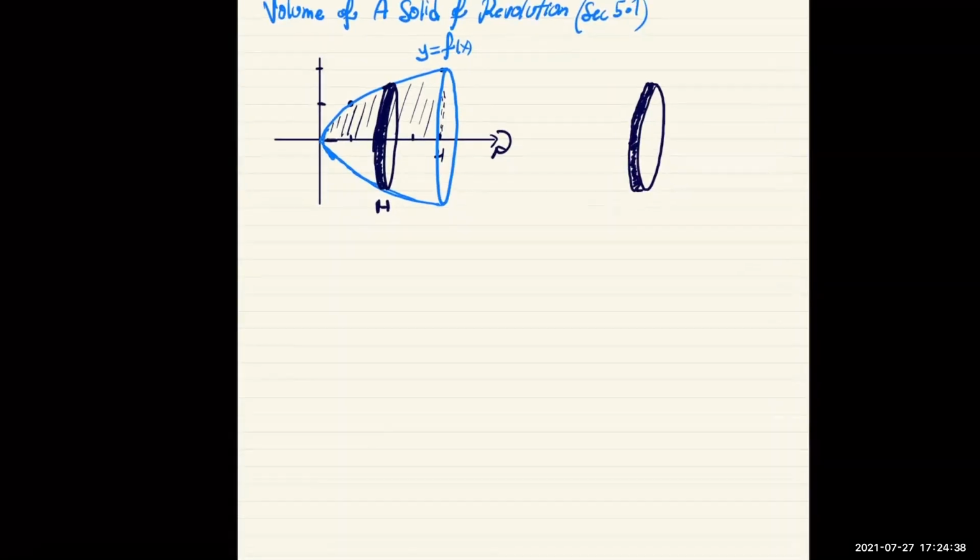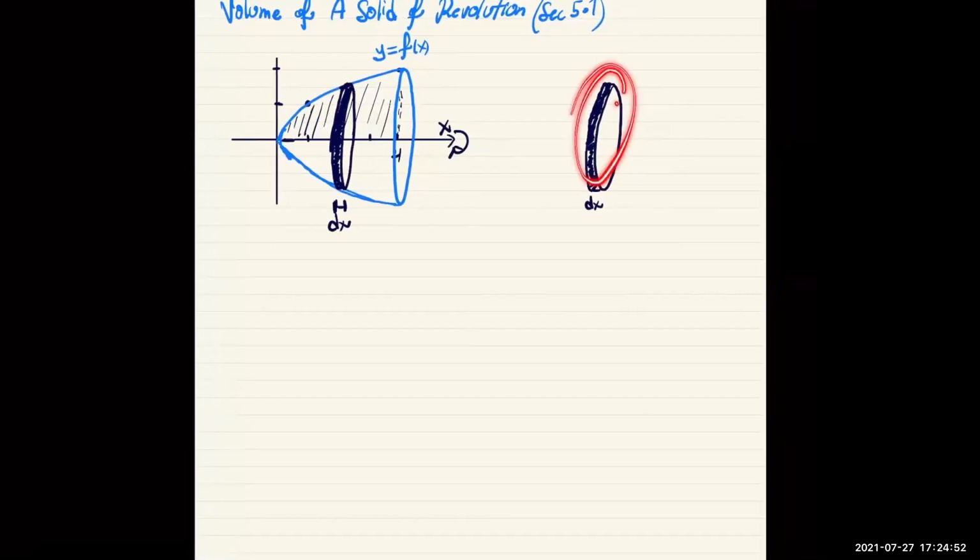Well, that's because this is a small change in x. So we call that dx, right? This is a small right circular cylinder. So if you want to find its volume, you have to know the radius.